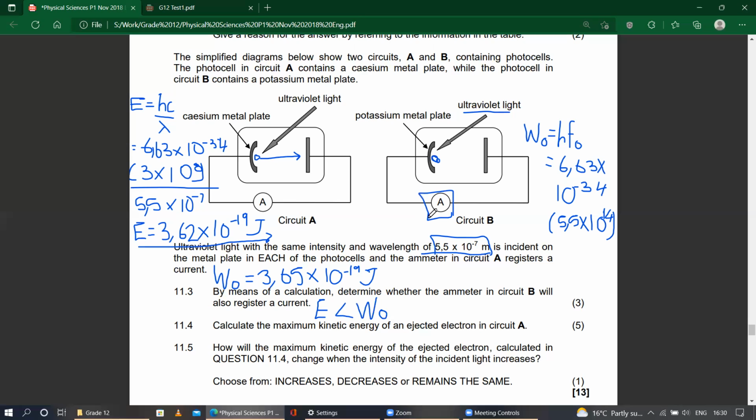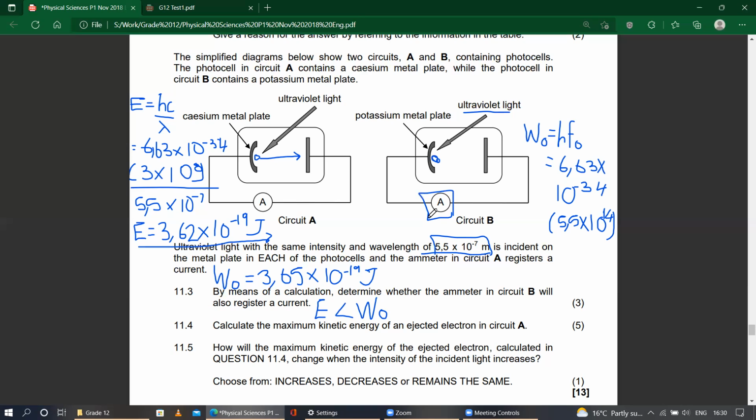So if you had to put that in words, would you say like the energy provided by the light is less than the minimum energy required for an electron to escape, so no current is registered? Okay, thank you, sir.